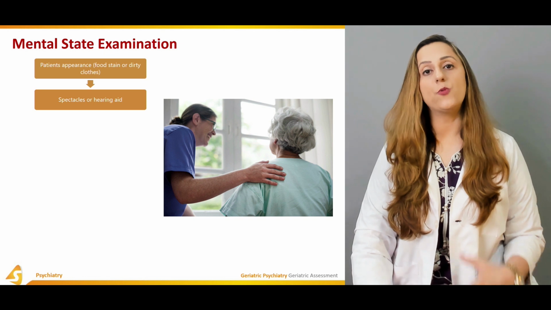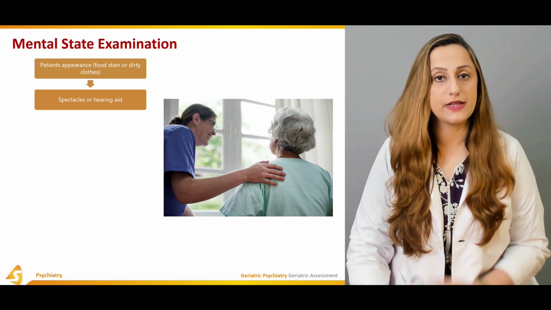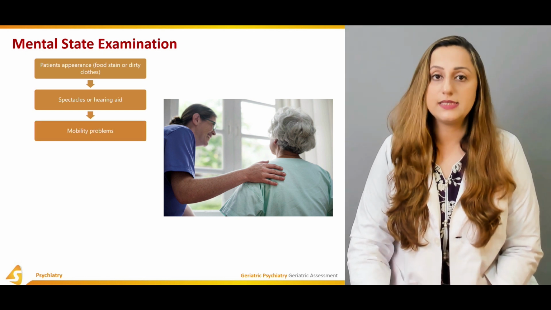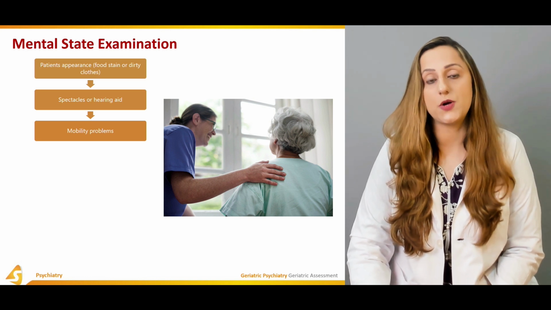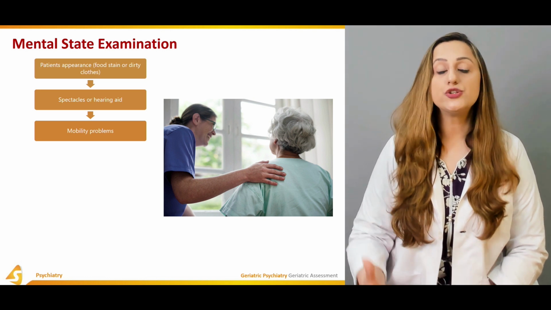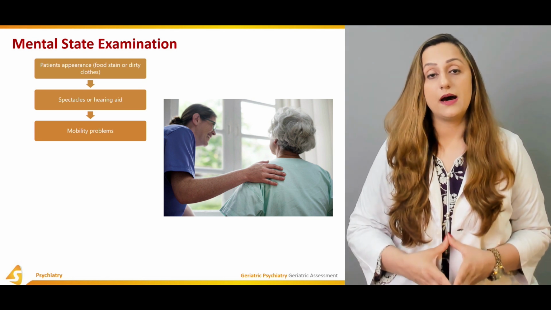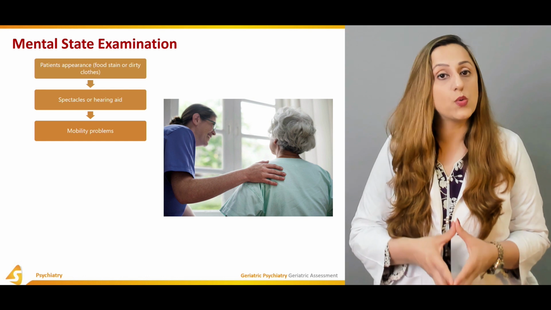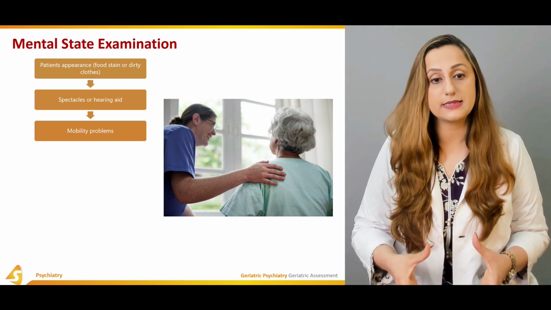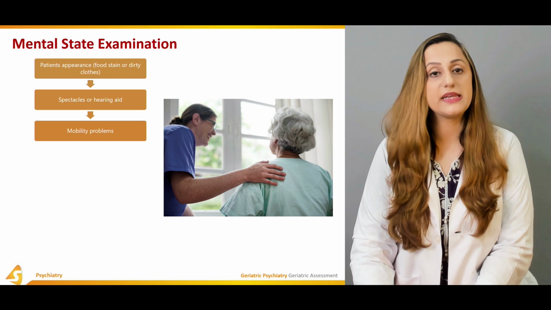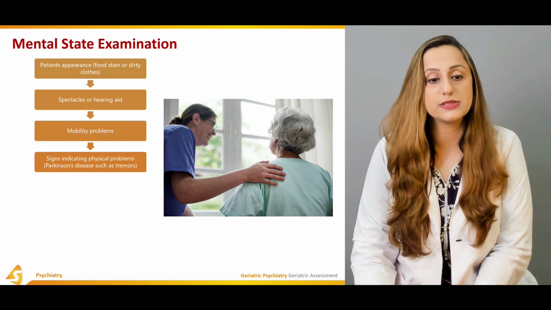It was one of the major risk factors for the development of depression and anxiety in these individuals. Then we have mobility problems. Due to disabilities, or psychiatric ailments that lead to disabilities, these people can become immobile, and this has to be assessed while you're doing the mental state examination.